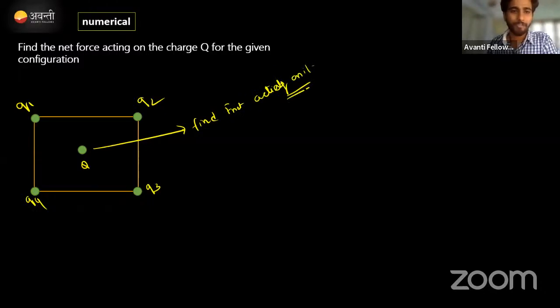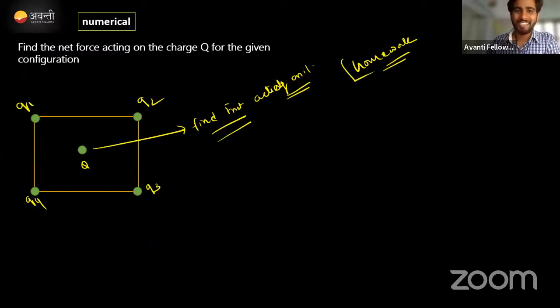Find the net force acting on it. This is a homework question. Take this one as a homework. Right, exactly right, Purnima. Okay, take this one as a homework. I will send the notes and you can cross check this one. You will get the question.